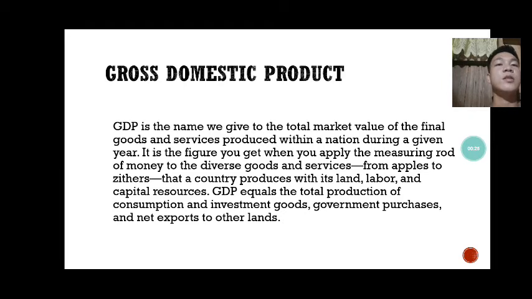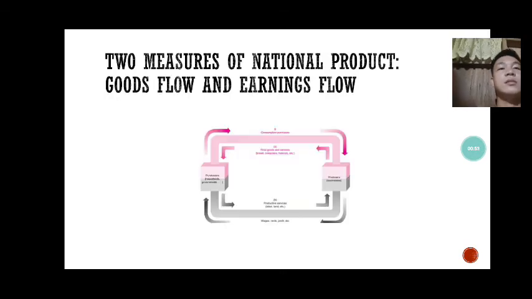It is the figure you get when you apply the measuring rod of money to the diverse goods and services, from apples to zithers, that a country produces with its land, labor, and capital resources. GDP equals the total production of consumption and investment goods, government purchases, and net exports to other lands.